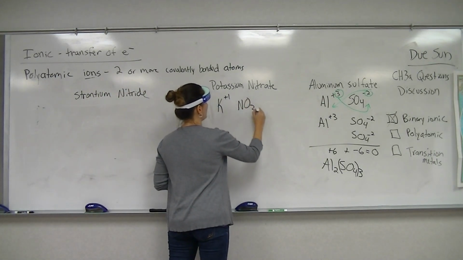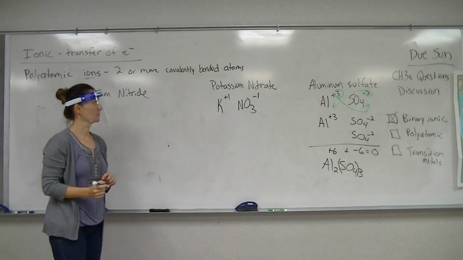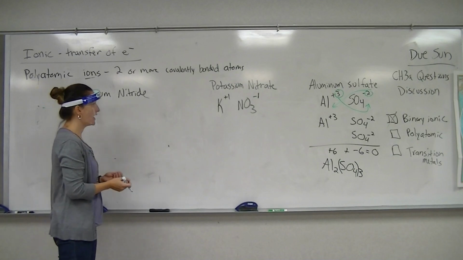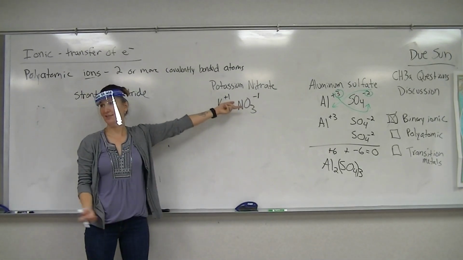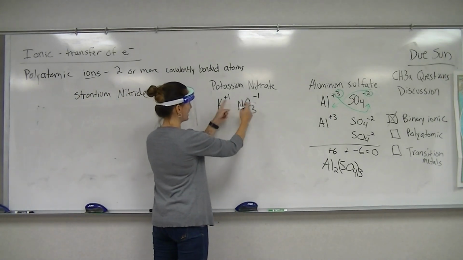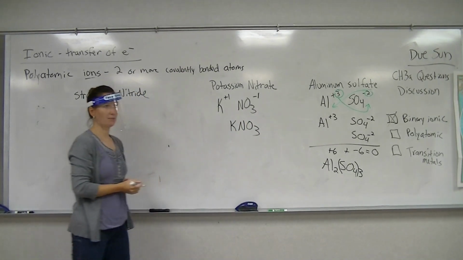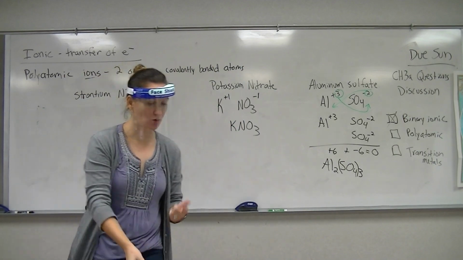NO3 is the nitrate, and it's a -1. Now you can do the crisscross method, or you might just notice that the charges cancel. Since they cancel as is, you just need one of each, so you would write KNO3. I didn't need to put parentheses this time because there's only one NO3.